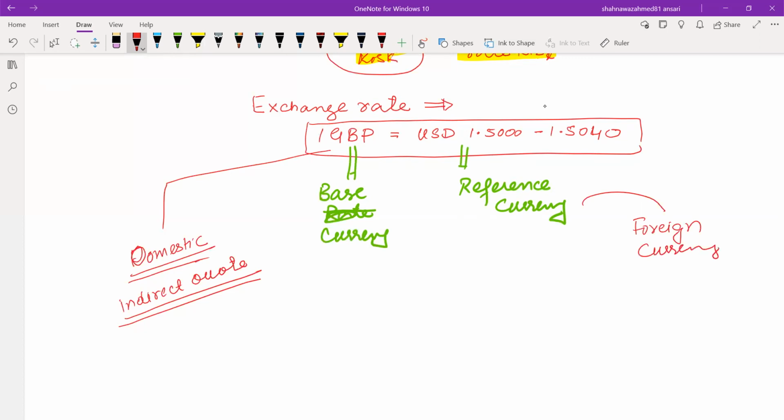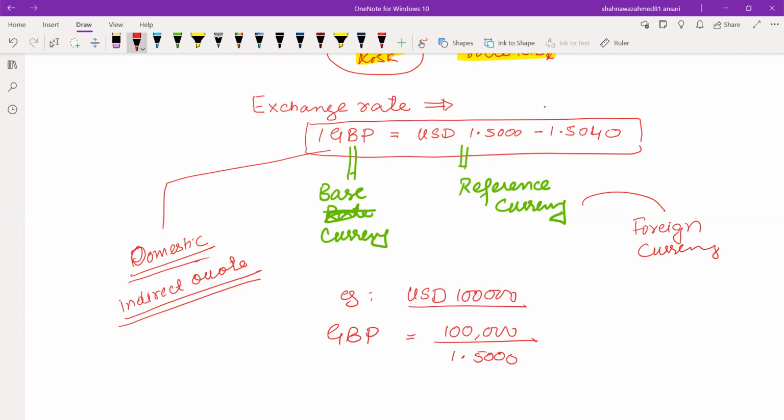So if you have to convert foreign currency into local currency, you have to divide by the foreign currency rate. Suppose, for example, you have to receive 100,000 USD. How many pounds sterling will you get against this? We divide by the relevant rate and you will get the relevant GBP.